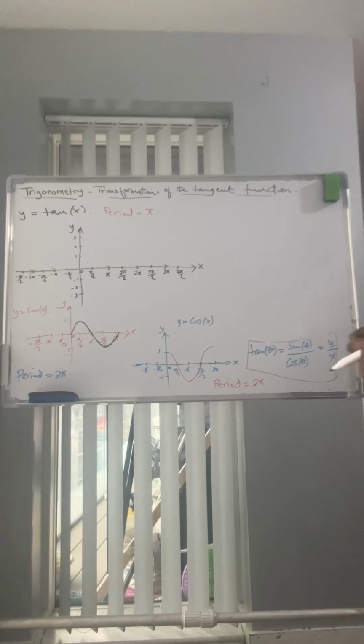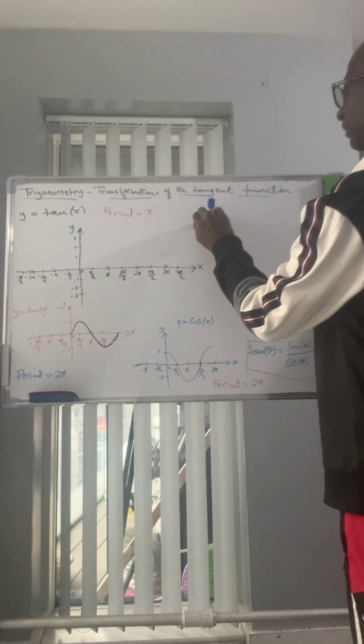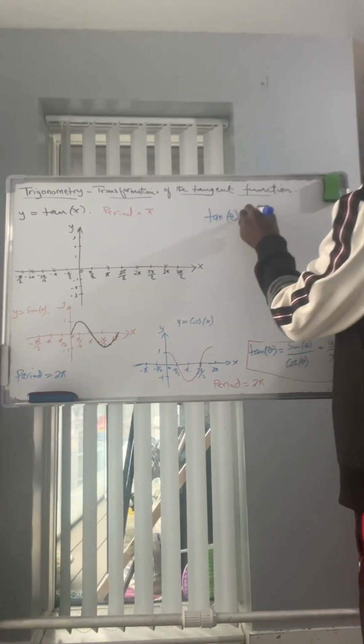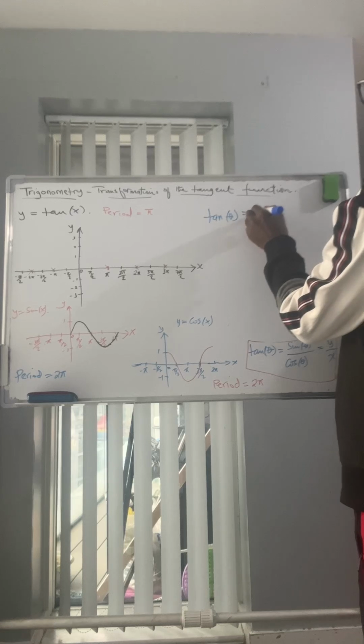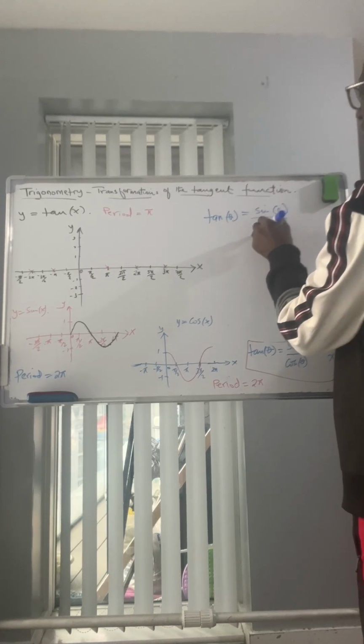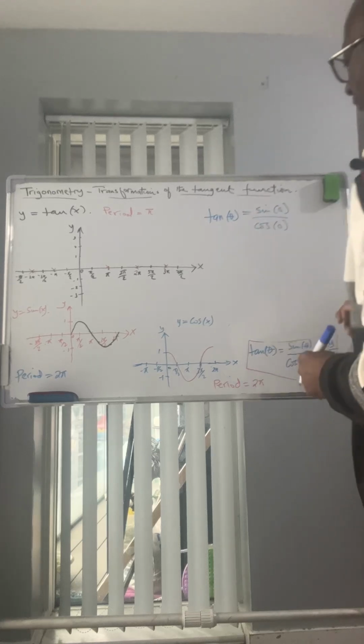So now, let's look at 0. The tangent of 0, we know, is sine of 0 all over cosine of 0.